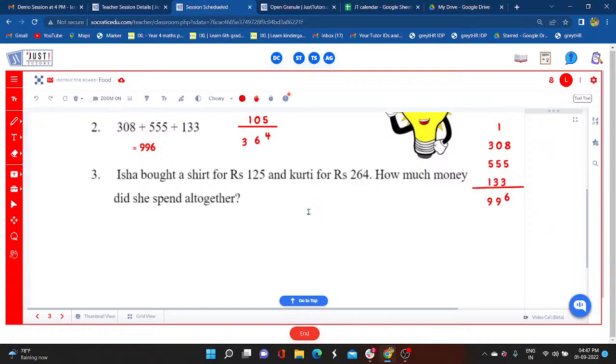The next one, amount of money spent on the kurti is equal to 264 rupees. Now how much money did she spend altogether? How would we calculate how much money did she spend altogether? So for that, we would add rupees 125 and 264.